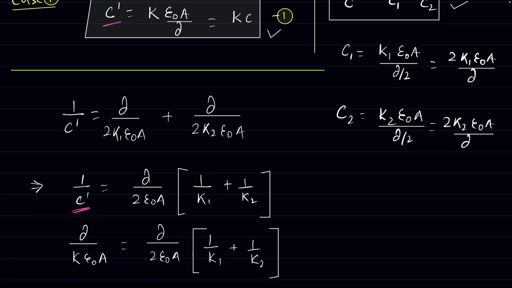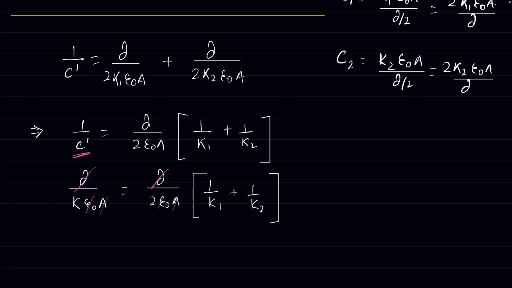And now we can cancel it out. This d cancels, epsilon naught cancels, A cancels. Further, 1 by K is equal to 1 by 2 into K2 plus K1 by K1 into K2.